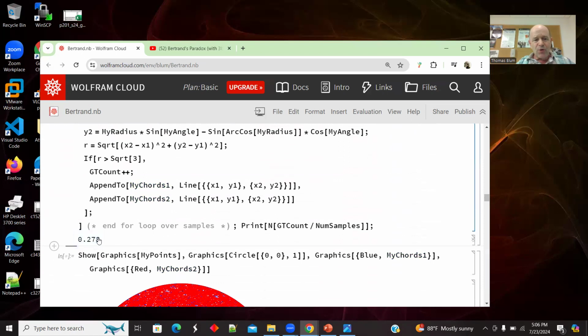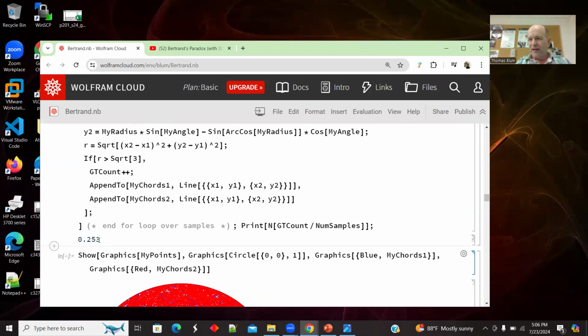And here we're getting values close to a quarter, because we're constructing chords. Once we have the point, we're just going through all the machinery to make a chord that has that point as its midpoint.